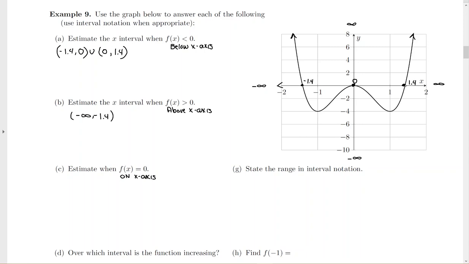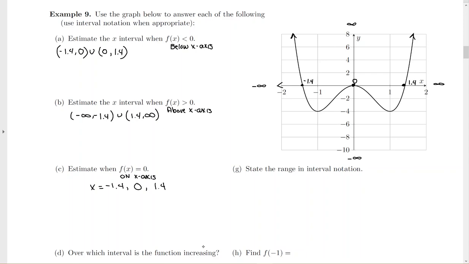And then 1.4 to infinity. And then we've already estimated where it's on the axis. That would be at those values, -1.4, 0, and 1.4.